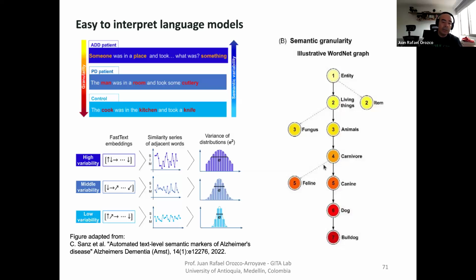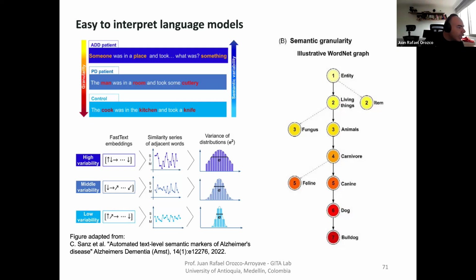Or you can also say, no, this is a feline. Or you can say, no, it's a canine. Or you can say, it's a dog. Or it's a bulldog. All of these levels of granularity can be measured based on the language produced by the patients. And that would open new avenues for real interpretation of what is going on in the brain.